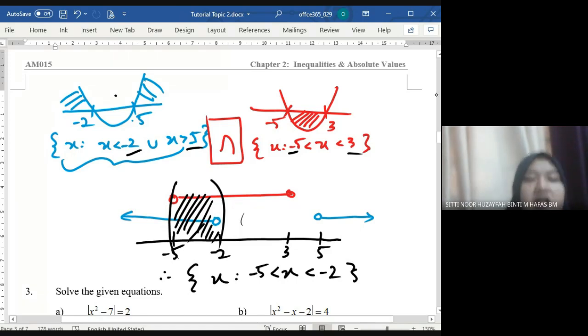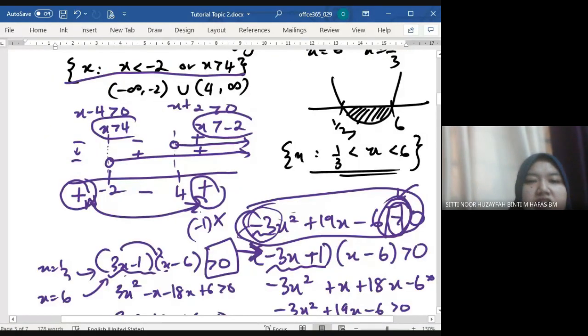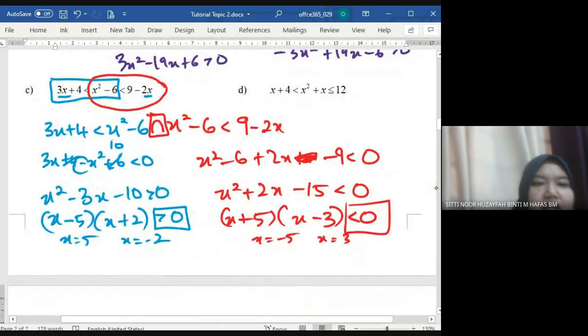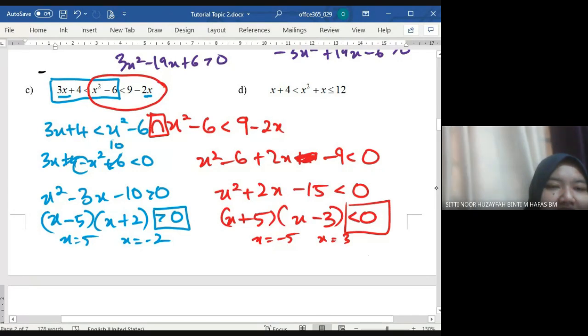Kalau tak, kalau you ambil X dekat negatif tadi you ambil -3. -3 berada less than -2 kan. So -3 you ambil, you try masukkan dalam soalan. Mana soalan dia? Soalan C. So you masukkan dalam soalan. So -3 darab 3, -9 tambah 4, -5.